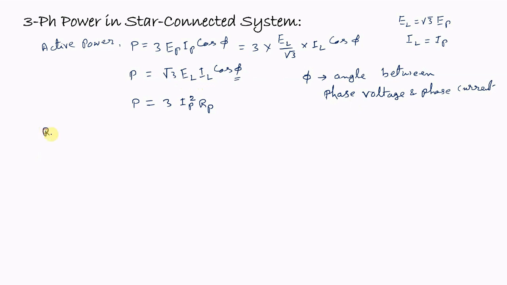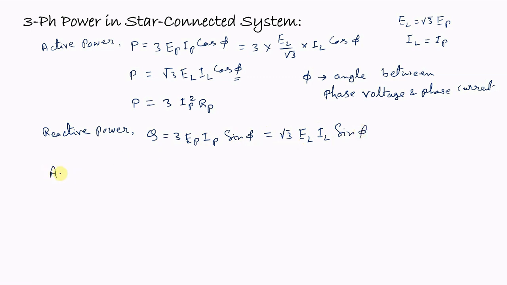Similarly, the reactive power can be represented as 3 phase voltage, phase current into sine phi, or we can write root 3 line voltage into line current into sine phi.